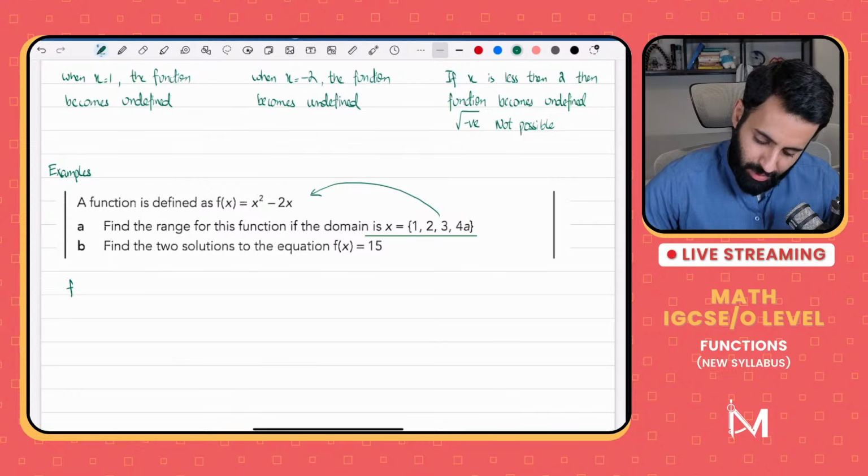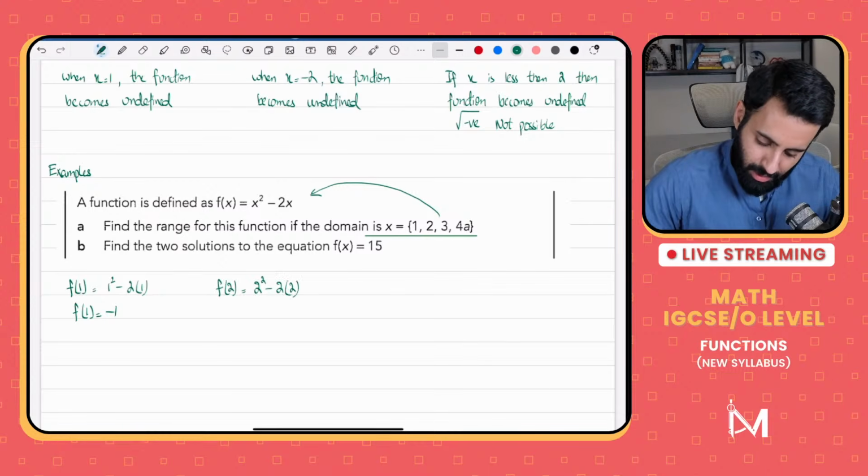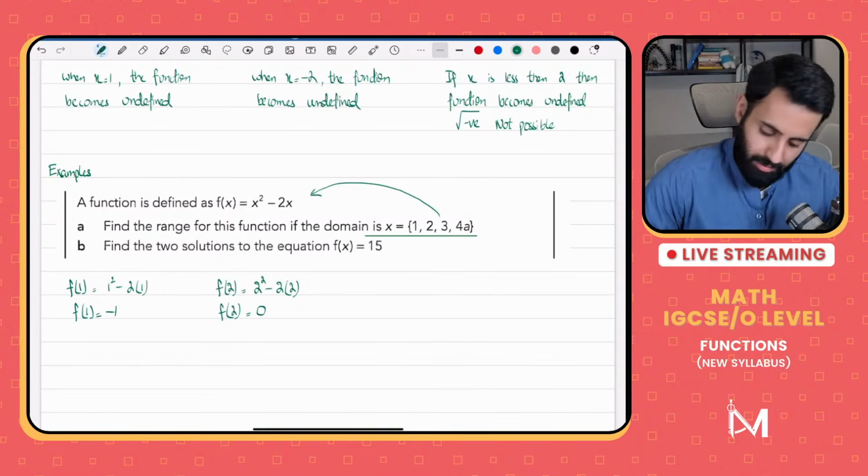So let's plug in 1. f of 1 is equal to 1 squared minus 2 into 1. So f of 1 is equal to 1 minus 2, which is equal to minus 1. And then f of 2 is equal to 2 squared minus 2 times 2. So f of 2 is equal to 4 minus 4, which is equal to 0.